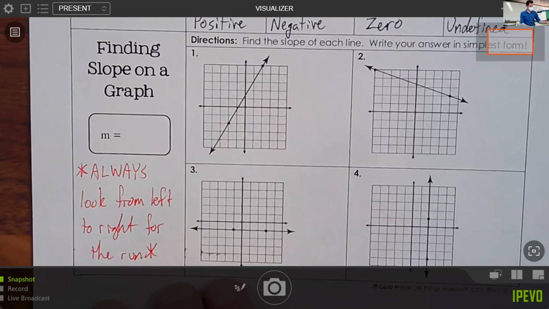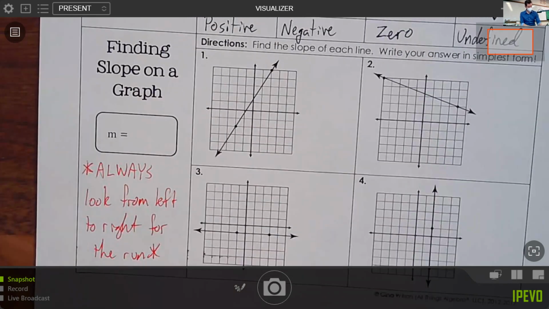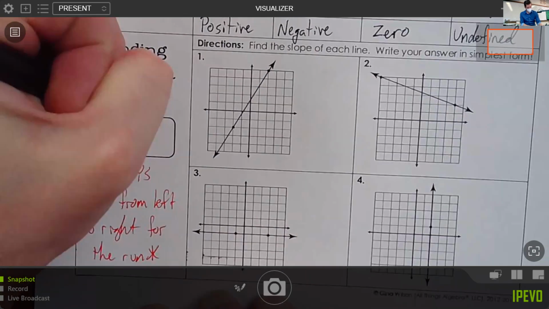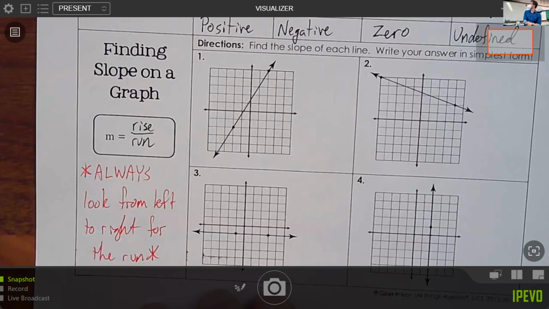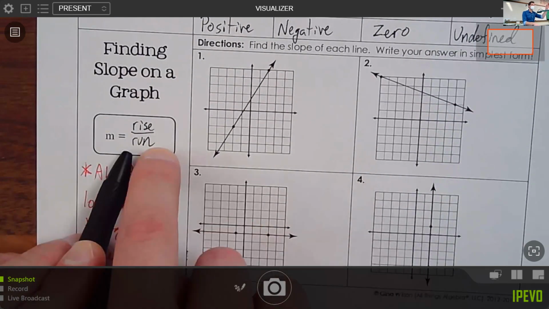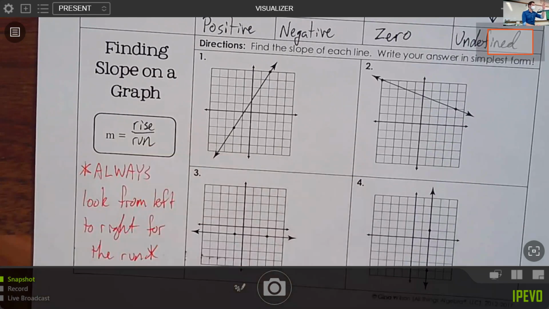What that means is when you're finding slope on a graph, you're using rise over run, which is the change in the y's, the change in the vertical over the change in the horizontal. When you are looking at the run, the change in the horizontal, you are always going from left to right every single time. What that means is your denominator, your bottom number, if you go from left to right on a number line, what kind of a number is that going to be every single time?